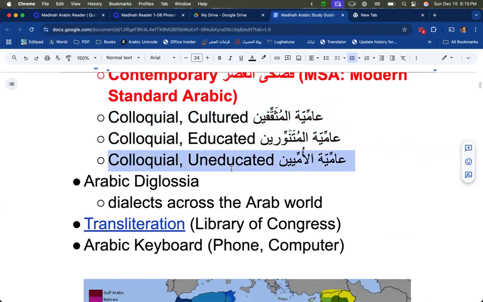The uneducated Arabic is more what they will speak, let's say, in the countryside. If somebody's not educated, they're going to speak just the colloquial Arabic, with very unique flavors in it, and it's not going to be like Fusha.